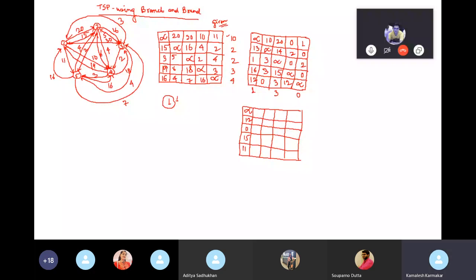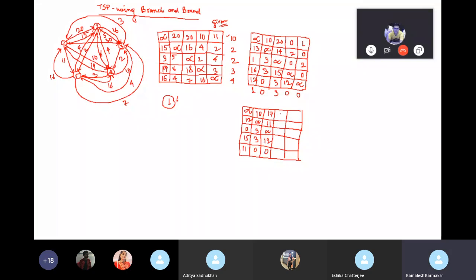The second column will remain the same, as the minimum value is 0. Here it will be 3, 3, 0, and this value is 3. So it will be 17, then 11, then infinity, 12, and this is 0.